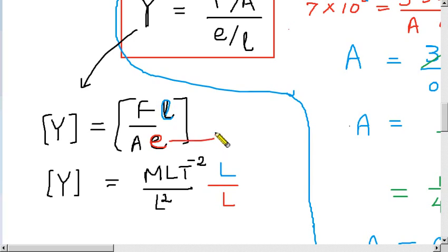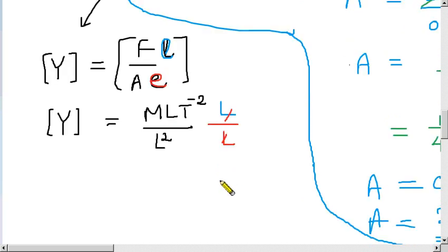This one is the extension, the difference between lengths, or the stretched length, so that is also a sort of length, so they cancel each other. So finally M L minus 1 T minus 2 is the dimension of Young's modulus.